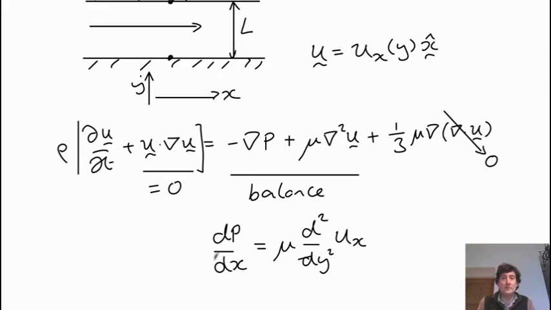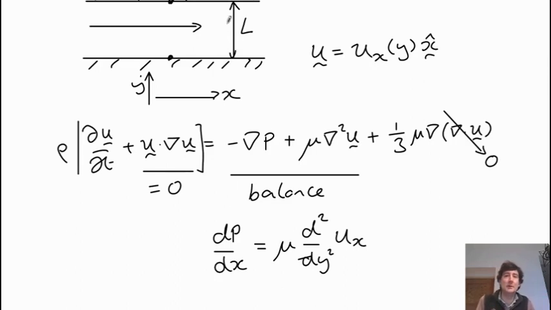Now we can make some further arguments to simplify this. So one is that if you have narrow plates, so the distance between these plates is not too large, then this pressure gradient must be essentially constant in y. The idea is that if there is any difference in pressure between points along y, then the fluid will very quickly accelerate and cancel out the pressure differences.